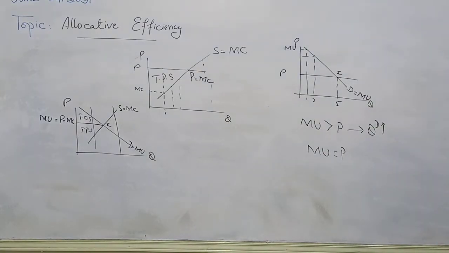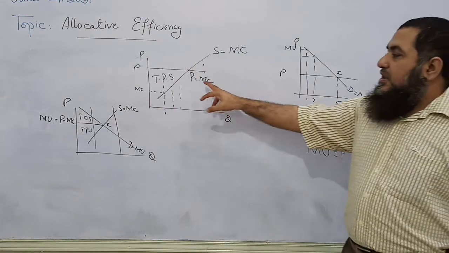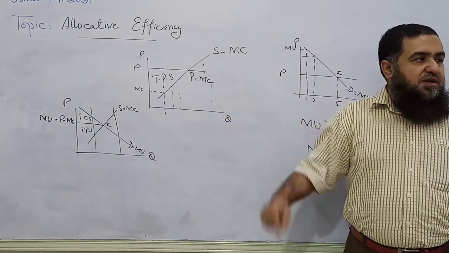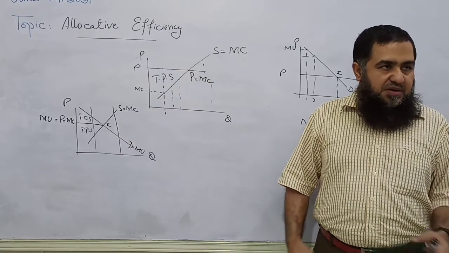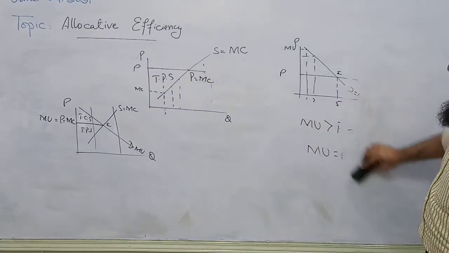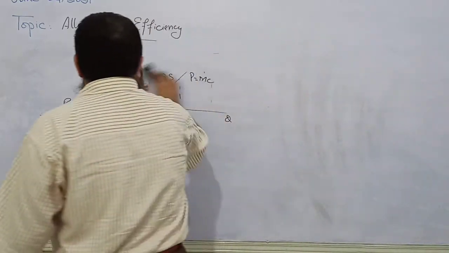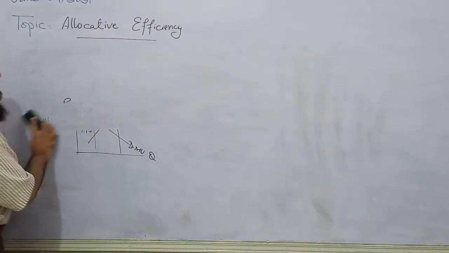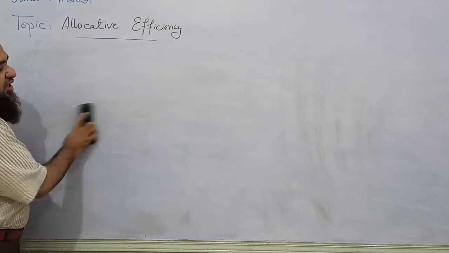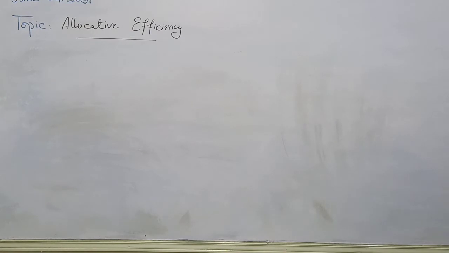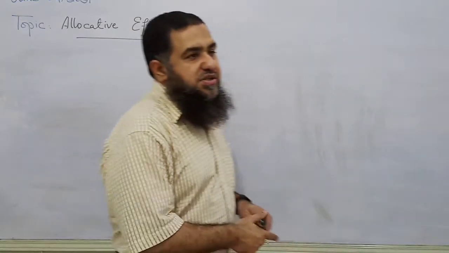Now this is the efficiency condition in the market. When the producer is producing the output, the price set by the producer will be equal to the marginal cost of production. Clear? Now, if this condition is achieved, that the price charged by the producer is equal to the marginal cost of production, then the producer is achieving his allocative efficiency condition.